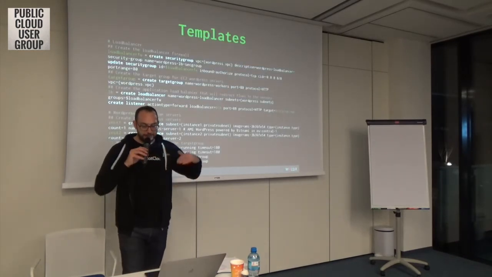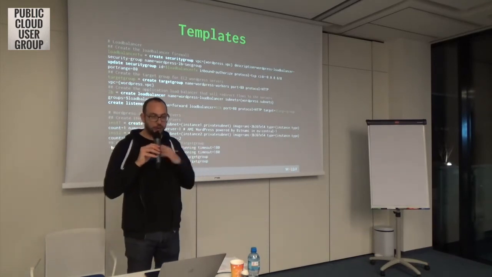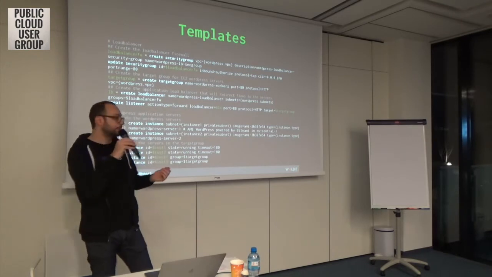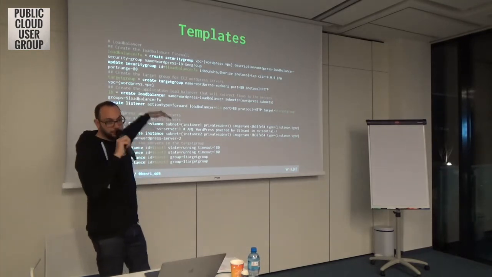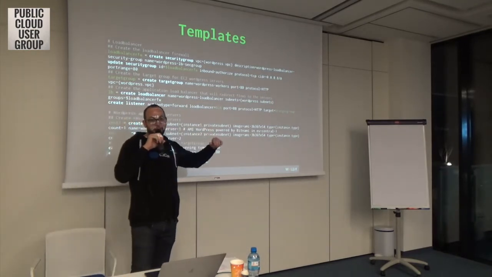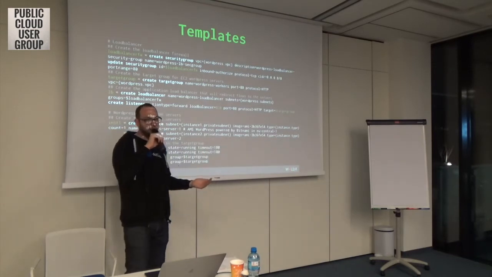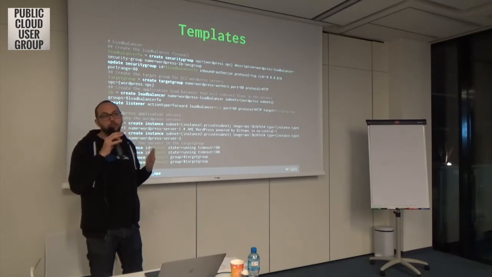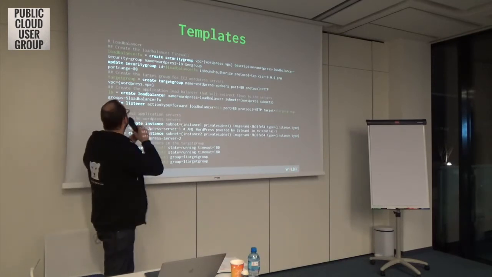So next, I'm moving on to one of the more advanced features of AWLESS, which are templates. Templates are a way to chain AWLESS commands together using a very simple script language, which is inspired a bit by Bash or shell scripts.